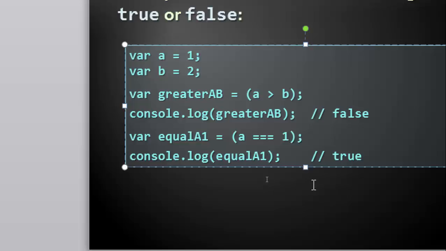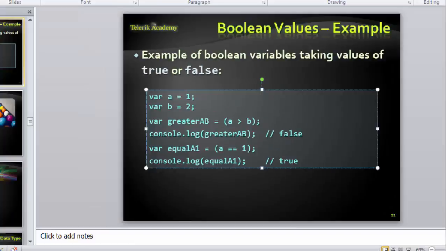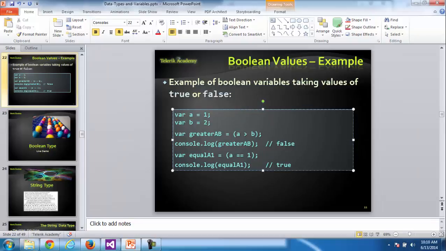If you want more equal signs, that's up to you, but 2 and 3 are what you should use. A deeper comparison of objects can be done with a triple equal sign. Just to mention that, because I think it will be mentioned in further sessions, but for now I just want to quickly say that because it wasn't mentioned here.